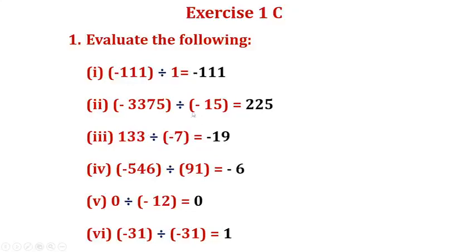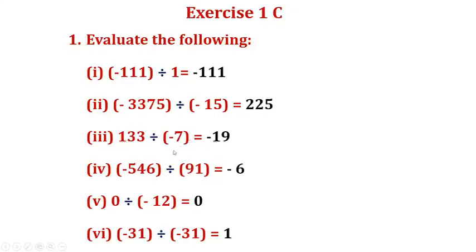You are dividing numbers which have the same sign in the divisor and dividend, which means you will always get plus. So after division you will get plus 225, because these two have the same sign. So minus minus will get cancelled, you will get plus sign only. Here these two numbers have different signs, which means you will get minus only.